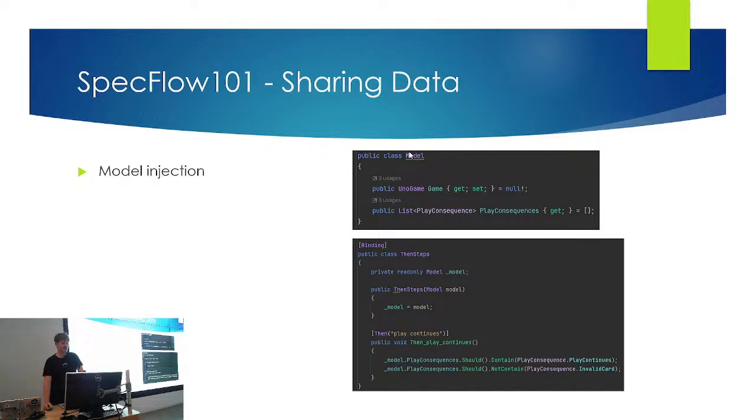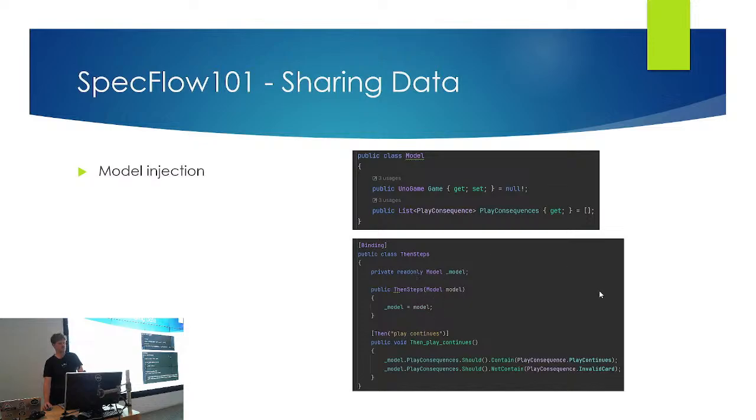The first way is we can just inject a model, or any class really. All we do is create the class that contains whatever we want, and then we inject it through the constructor into our test class. SpecFlow knows what to do with that. It knows to just create an instance. You don't have to set up any dependency injection or anything. And that means if we inject it the first time, it's going to create it.